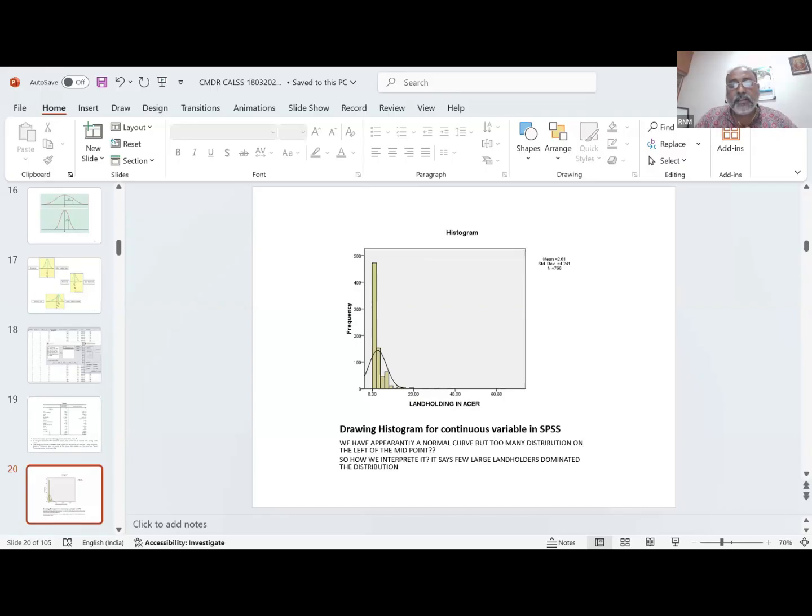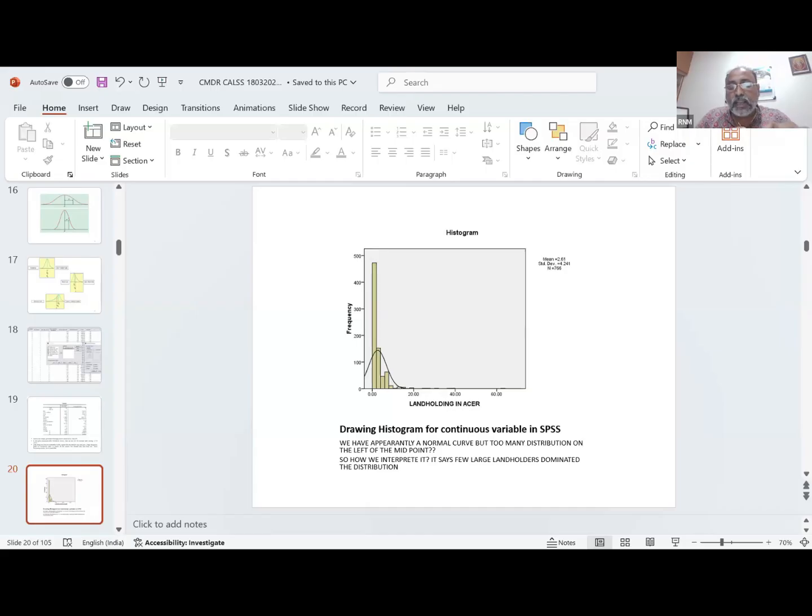Here you can see apparently a normal curve, but too much of the distribution is to the left of the midpoint. How to interpret it? It may say that a few large landholders may be dominating the distribution. It is drawn from the file I have shared with you. Some of you can try it while I'm speaking, or later.